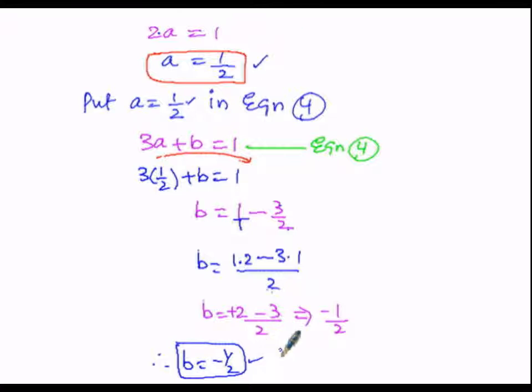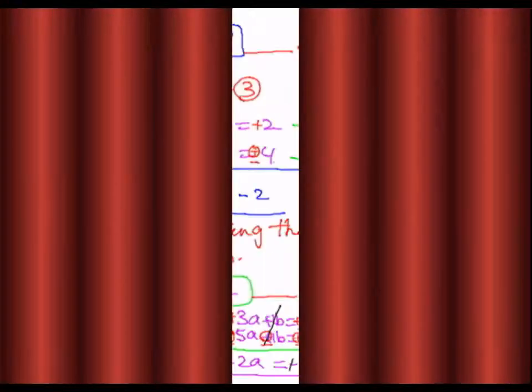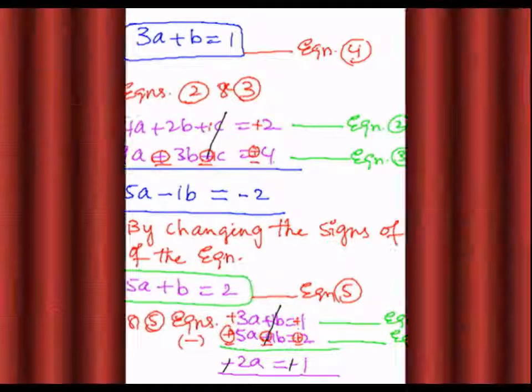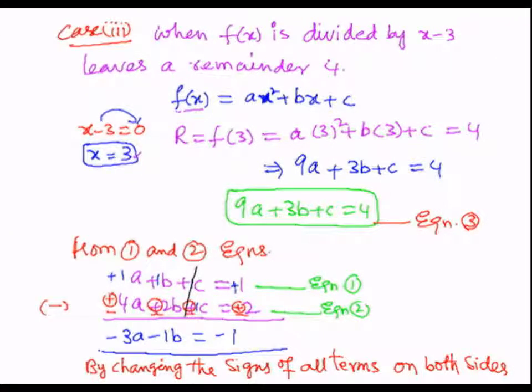Let us substitute a and b in the second equation, or in other words we can substitute even in the first equation. The first equation is a plus b plus c equals 1.